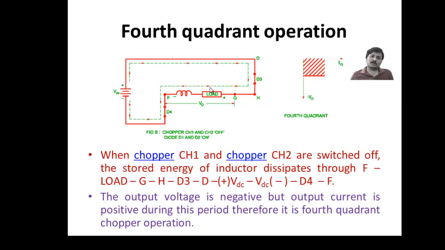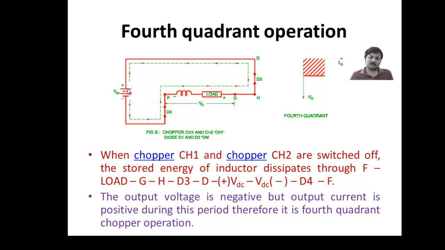Now let us see the fourth quadrant operation. In fourth quadrant operation, the diodes D3 and D4 are automatically biased into conducting mode, not switched on.